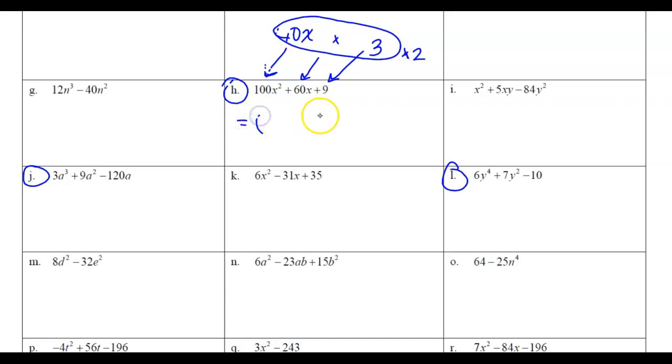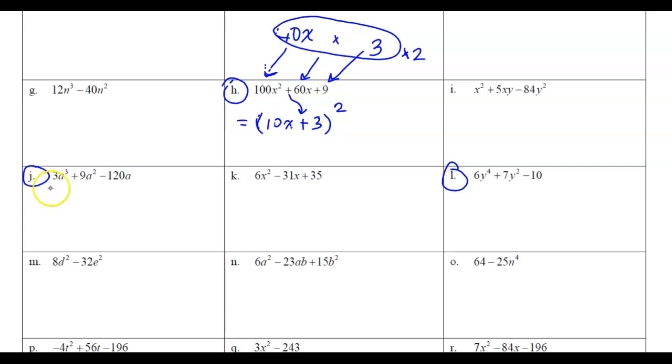And it can factor to a binomial square, where the first term is the root of the first term, and the last term is the root of the last term, and the sign, whatever's in front of the 60, is the sign that goes in there. So didn't have to do any work, didn't really have to do a lot of trial and error. It was just noticing that it was a perfect square trinomial. Okay. So that was from Thursday.